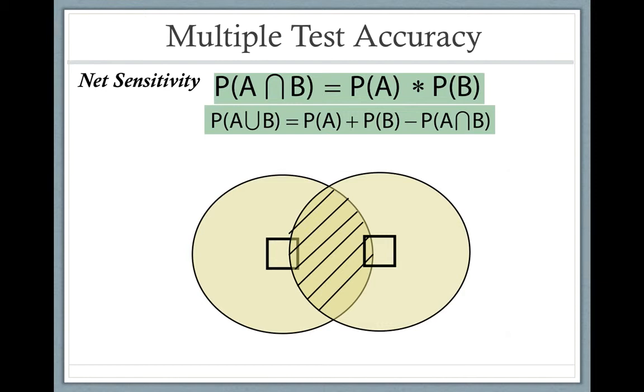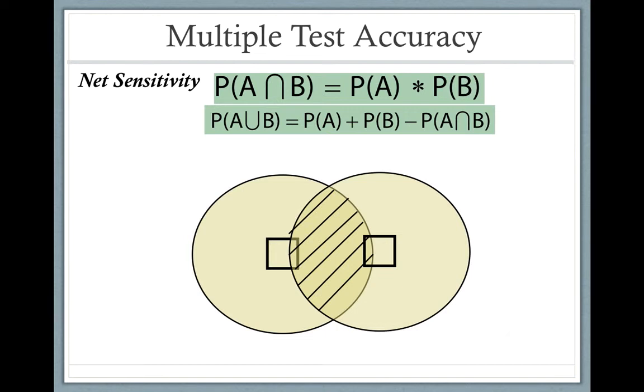So the net sensitivity, in the case of sequential testing, is the probability of testing positive for both tests, because you won't be included in the second test if you're not a positive in the first test. And if we look at our Venn diagrams, all of the yellow, sort of cream color, is people with disease.